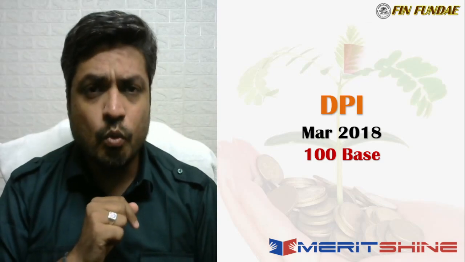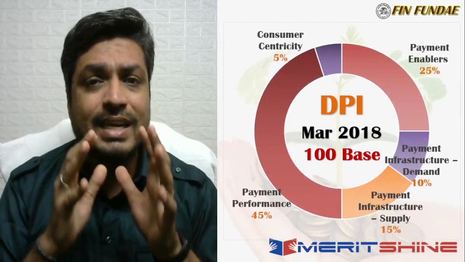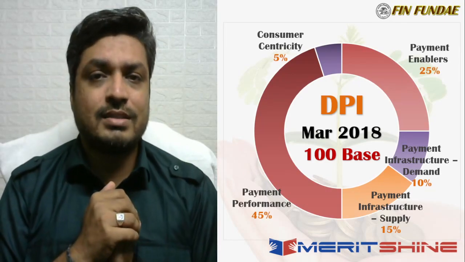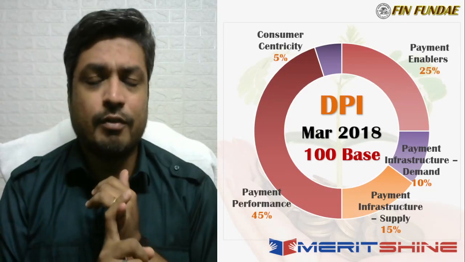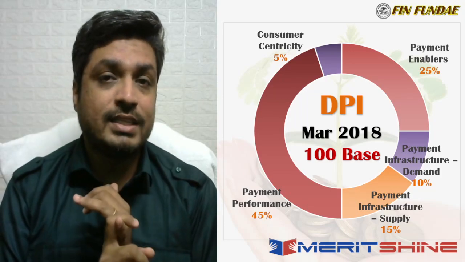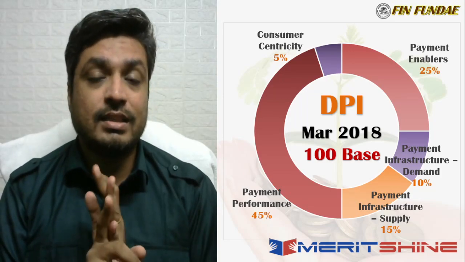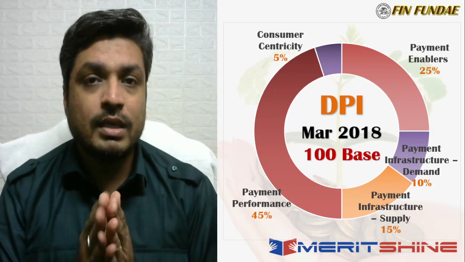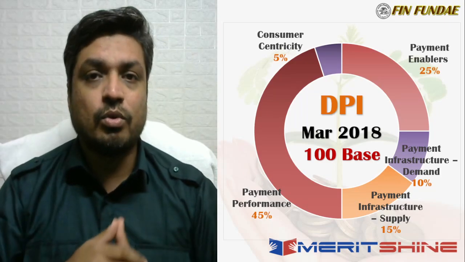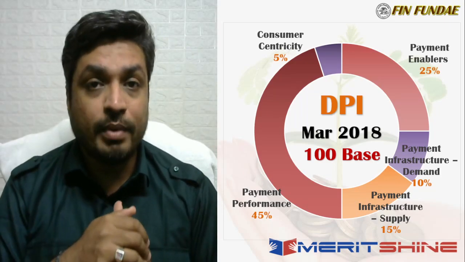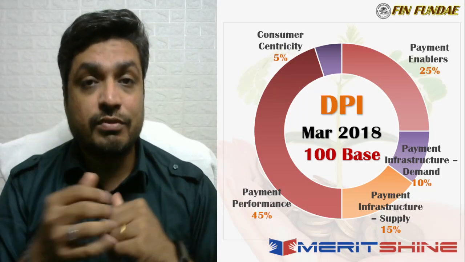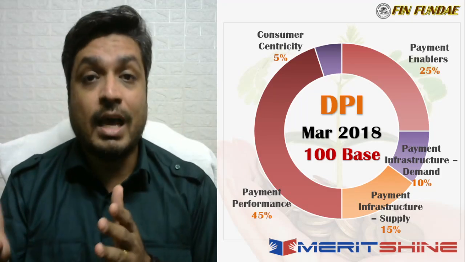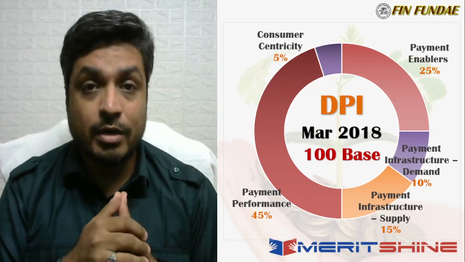So now, what are the parameters that the Digital Payment Index essentially looks at, right? There are fundamentally 5 parameters that are being looked at. The first one, of course, and which has the highest weightage of 45% in the overall weight, is the payment performance. पेमेंट परफॉर्मेंस का मतलब क्या हुआ कि अगर आप कोई ट्रांजैक्शन एग्जीक्यूट करते हो, क्या वो ट्रांजैक्शन सक्सेसफुली रन हो पाता है कि नहीं, एंड अगर वो ट्रांजैक्शन सक्सेसफुली रन हो रहा है तो इज दैट ट्रांजैक्शन फर्स्ट ऑफ ऑल हैपनिंग ऑन डिजिटल पेमेंट, और इज इट हैपनिंग वाया कैश, और लेट्स से सम अदर पेपर बेस्ड इंस्ट्रूमेंट.